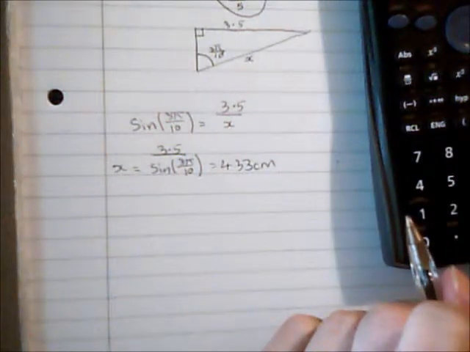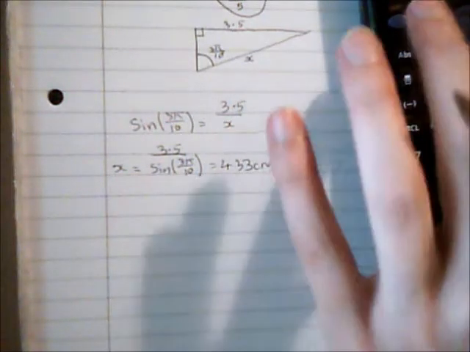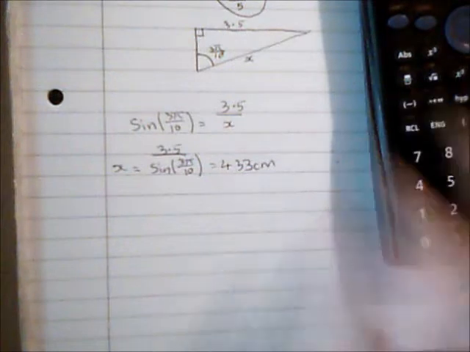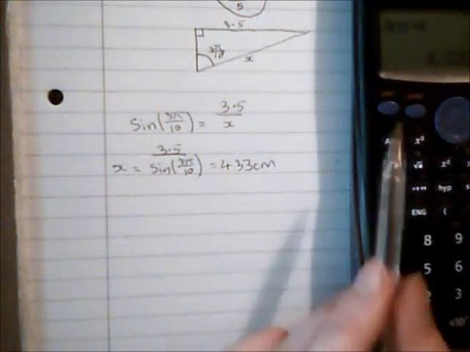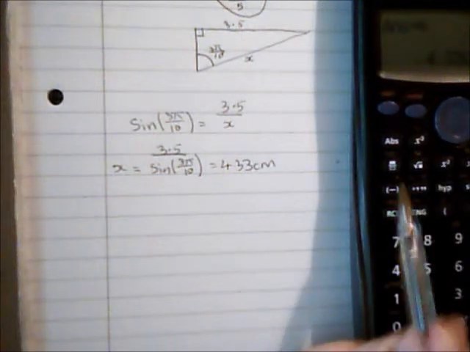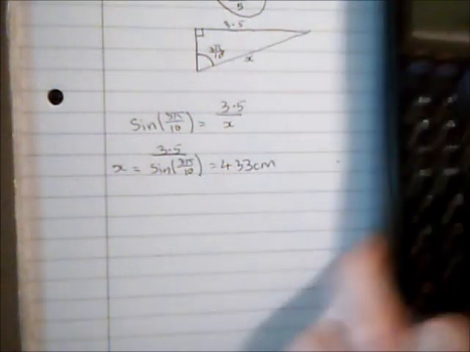But because I'm going to use this value in a moment, I'm going to store it in memory A using the store function of the calculator, which is shift and then STO, and then select the relevant memory.